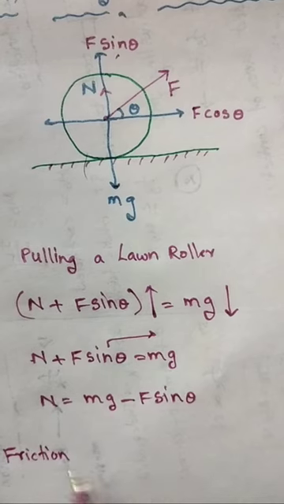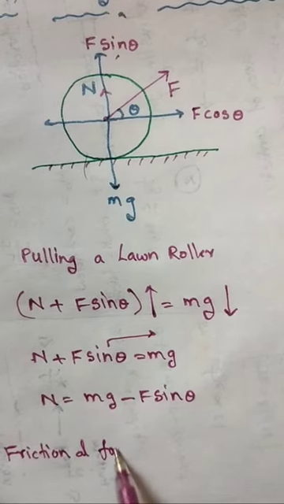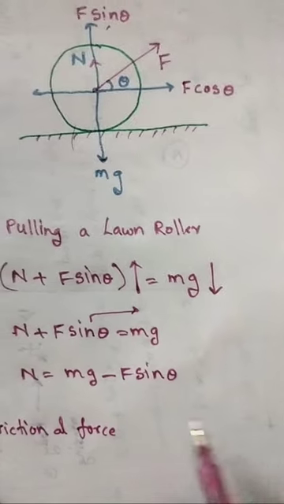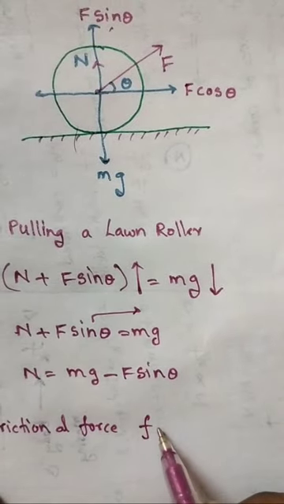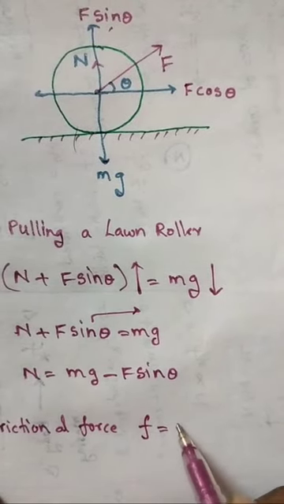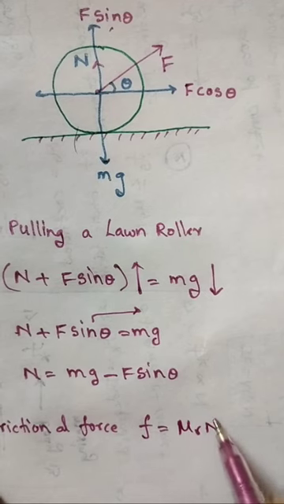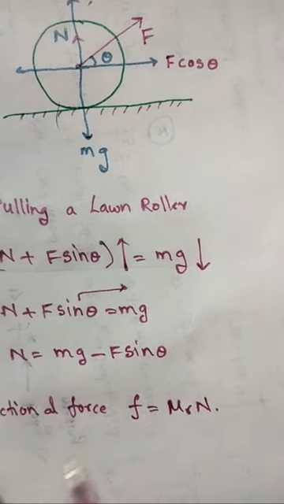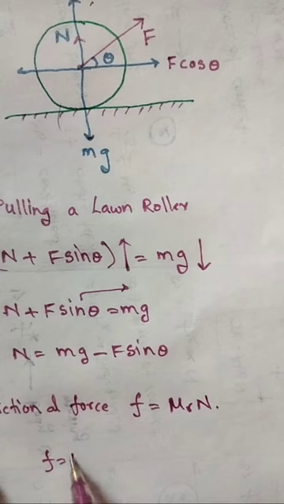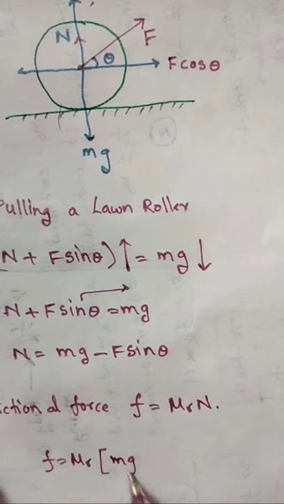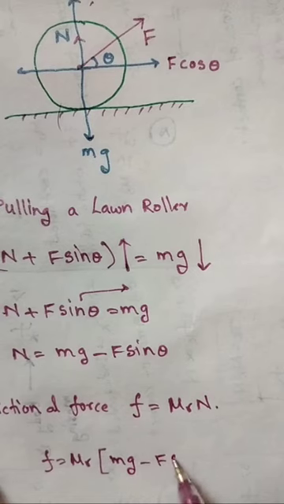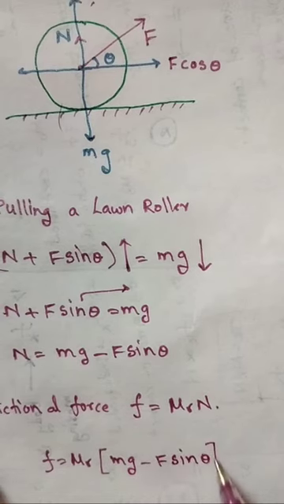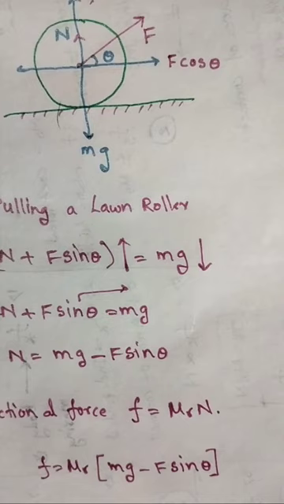The frictional force F is equal to mu r into N, mu r because of rolling. What is the N value? N is equal to mg minus F sin theta. So F is mu r into (mg minus F sin theta).